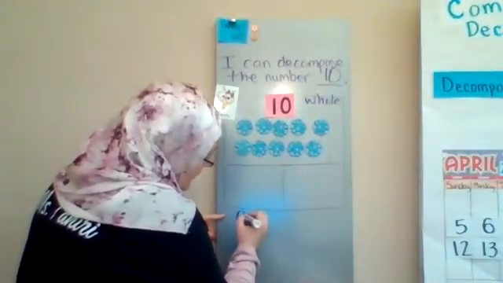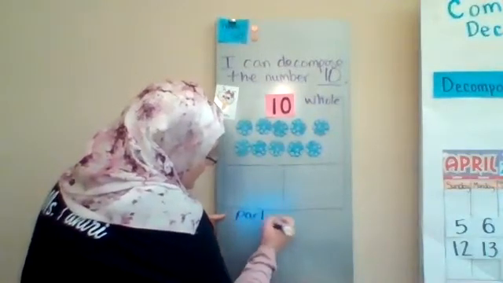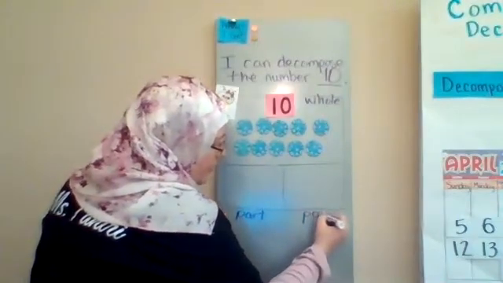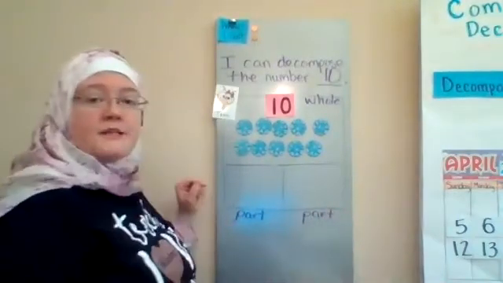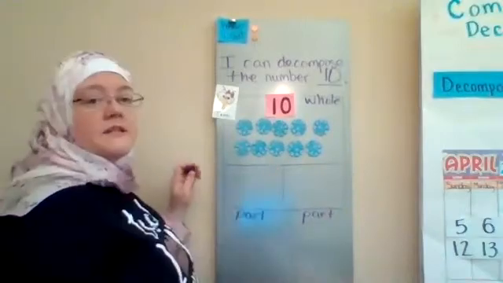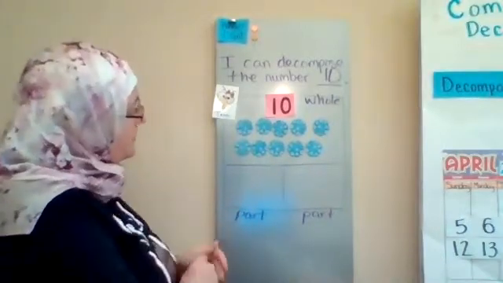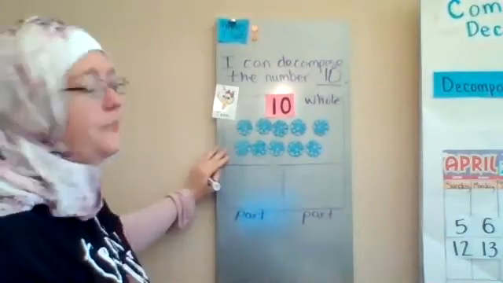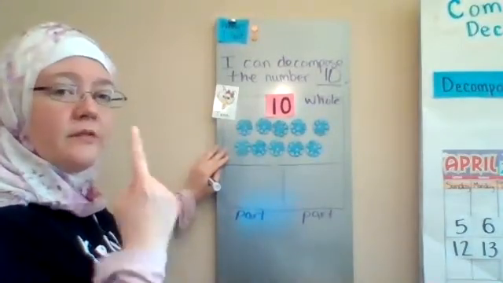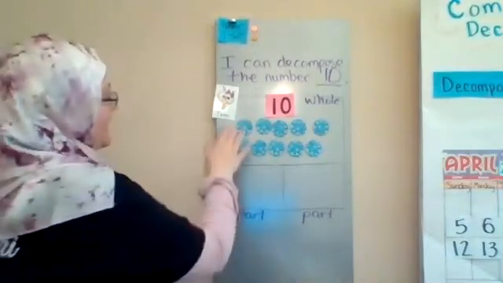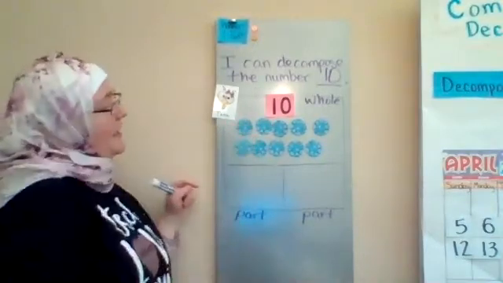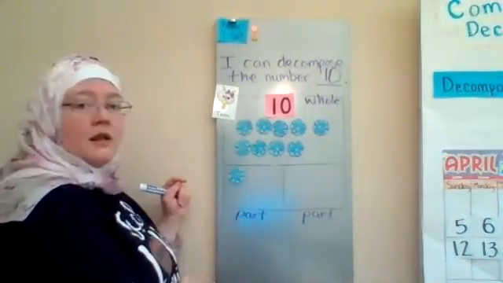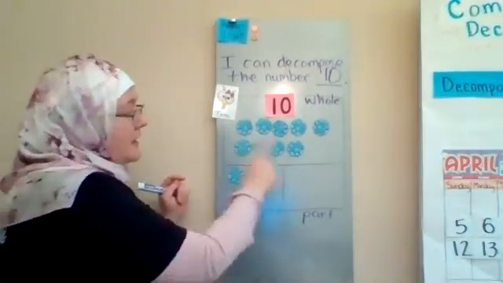So I have a part, and I have another part. And as we break them, we're going to put them into their sections. We're going to go in sequential order. We are going to start with 1. So if I take away just 1 from 10, let me see how many I have left in the second part.